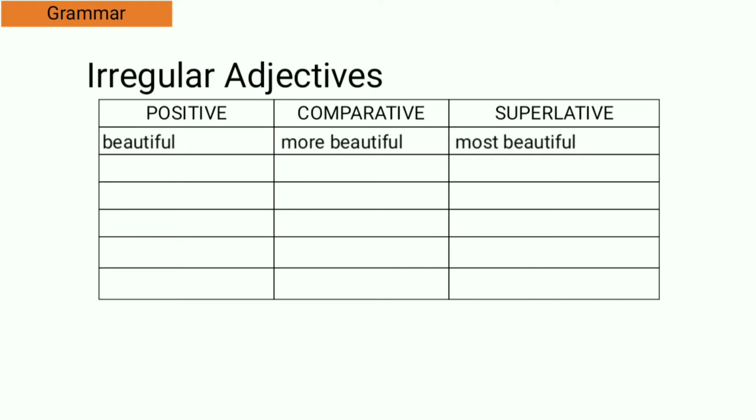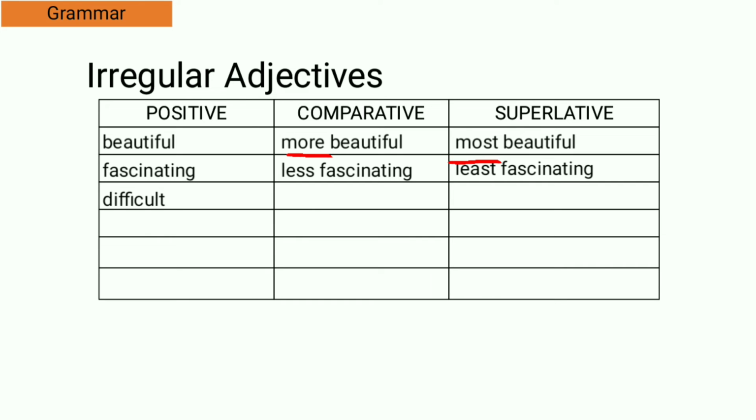So you see, we added the identifier more and then most. The next word is fascinating. How many syllables are there in the word fascinating? Let us count. Fascinating. There are 4 syllables in the word fascinating. Say, for example, in a not so good way, that becomes less fascinating, least fascinating.